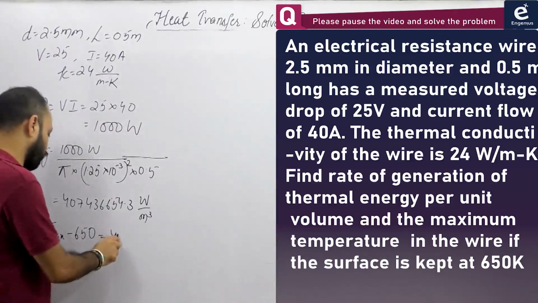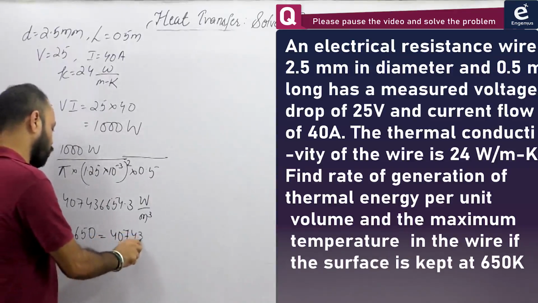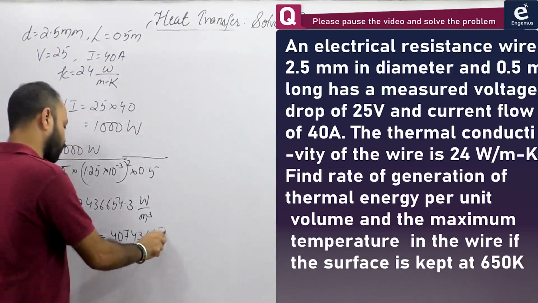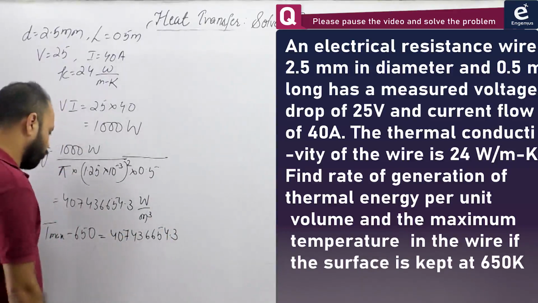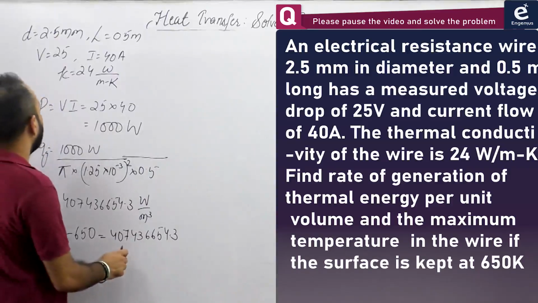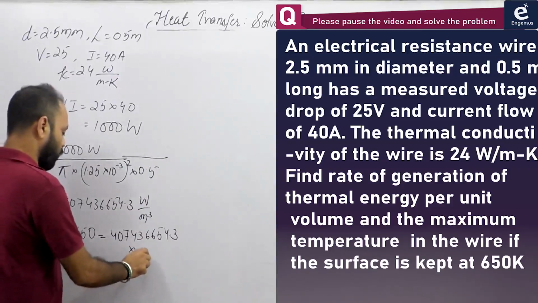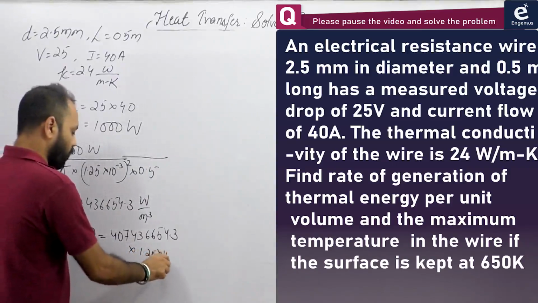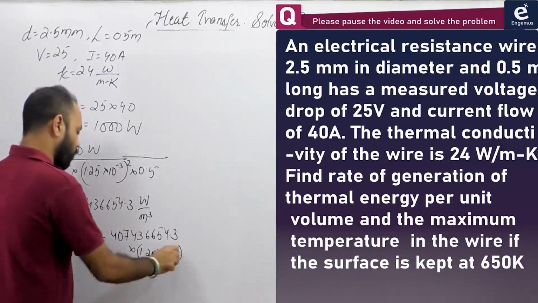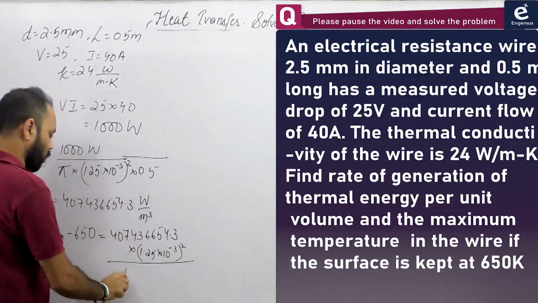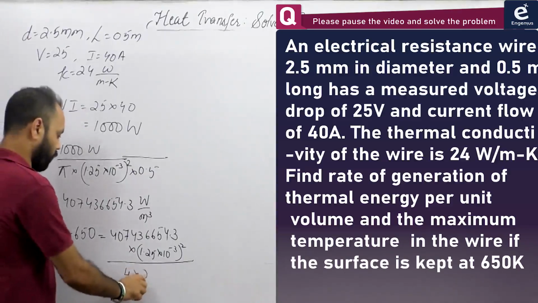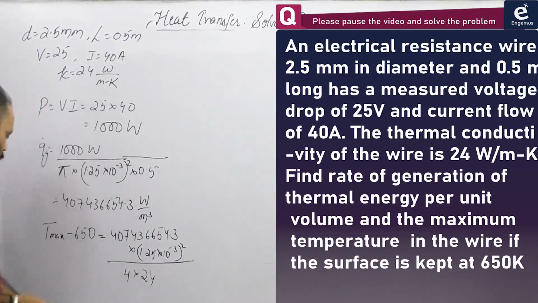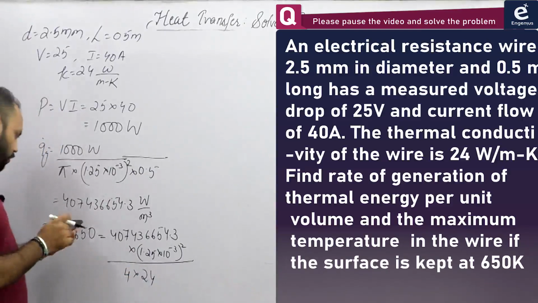So let me write this: 407436654.3 multiplied by R square, 1.25 into 10 to the power minus 3 squared, divided by 4K. So 4 into K, which is 24, correct? Let's see what is the result.